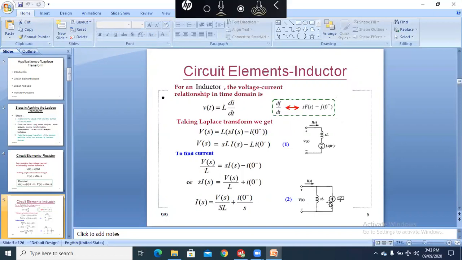In the frequency domain, we cannot take into account the initial value of the current, or we consider it 0. But here we can take into account the initial condition, the initial value of the current stored across the inductor.